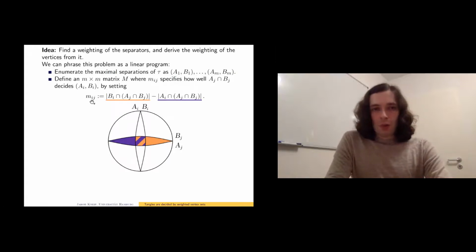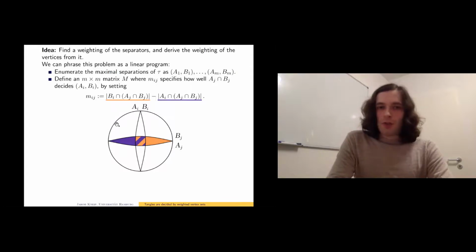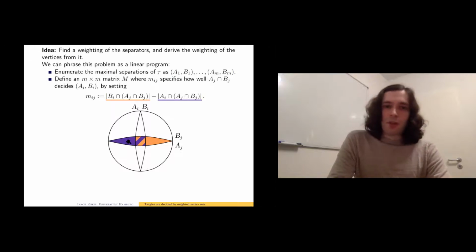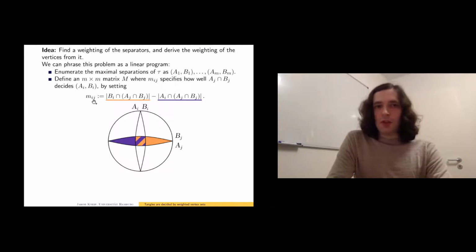For that, we're going to look at the separator of Aj, Bj, with purple and orange vertices here, and see how many of these vertices are on the big side of Ai, Bi, versus how many of them are on the small side. And the difference between these two values is our entry Mij.